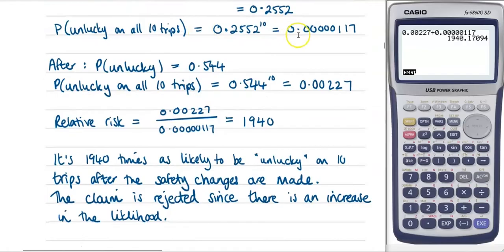So they did accept that if people made the judgment that this is very small, this here is also very small, so it's unlikely that you would experience a difference in your likelihood of being unlucky. And if you made that sort of argument, then you would say that the claim could be justified. I prefer what I put here. It's got the maths behind it. I think that's the expected way to go about this question, but they did accept that alternative.